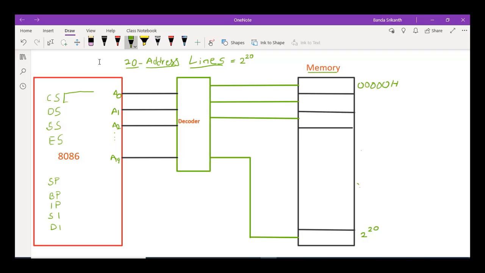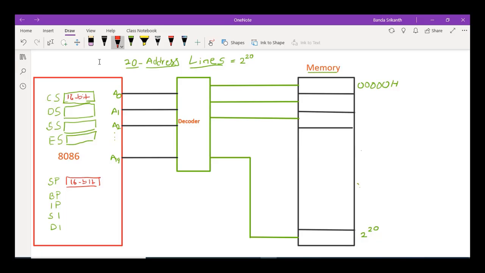The code segment register, data segment register, stack segment register, and extra segment register can all hold only a 16-bit address. Similarly, the stack pointer register is also a 16-bit register. That's why the 8086 is called a 16-bit processor.